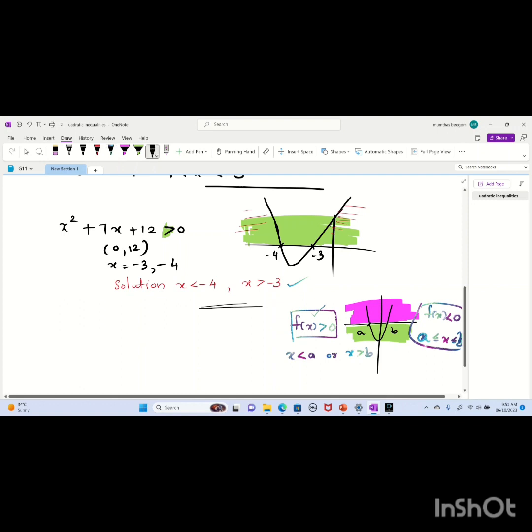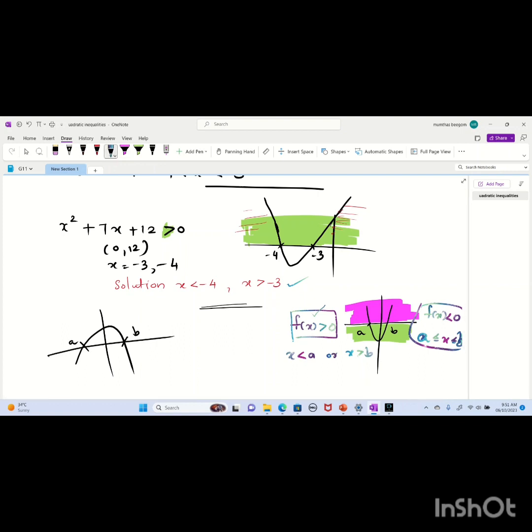Same way, if we have an upside down U shape, and this is A and this is B, if the function f(x) is greater than 0, that means we have this part of the curve where the y value is positive, right?